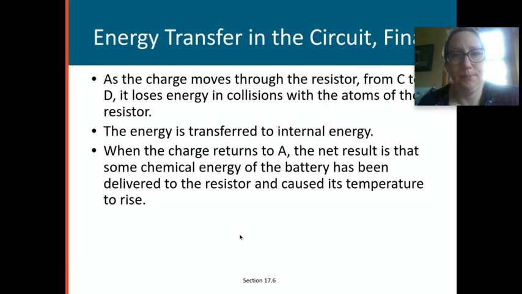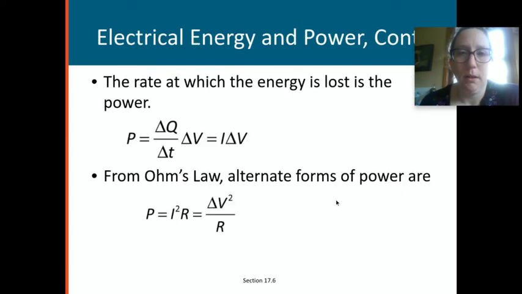Okay, here we go. As the charge moves from the resistor, it loses energy in collisions. Energy is transferred to internal energy and then say, I don't know, a light bulb or something like that. Here are your formulas for power. So power is charge over time times potential, or IV, so P equals IV. And then you can also use Ohm's law to make it all those things.